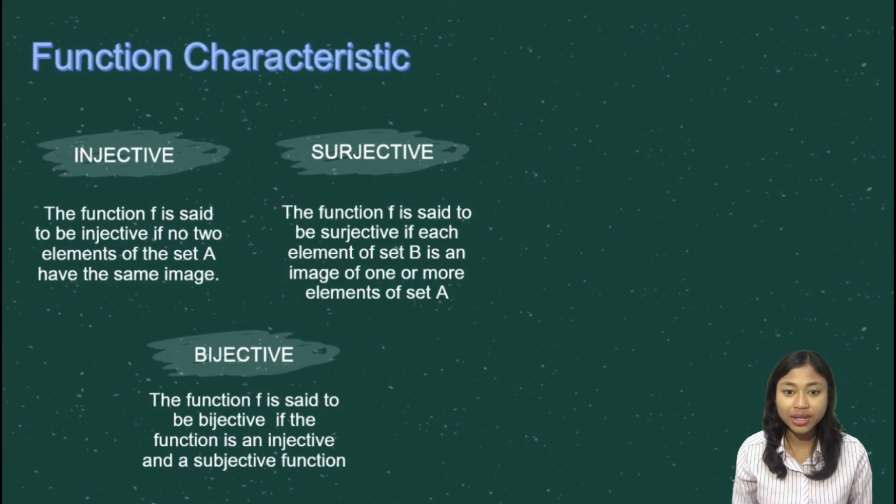The function f is said to be surjective if each element of set B is an image of one or more elements of set A. The third is bijective. The function f is said to be bijective if the function is both an injective and a surjective function.